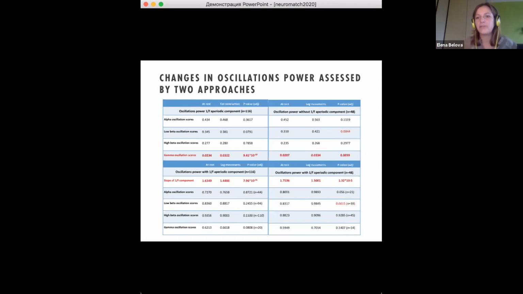So there were very few recordings that still have some gamma oscillations after extraction of the slope. Maybe in some other conditions, or for longer recordings, we can estimate these gamma oscillations and distinguish this aperiodic slope from the gamma oscillations. In our study, there were very few peaks in the gamma range after extraction.